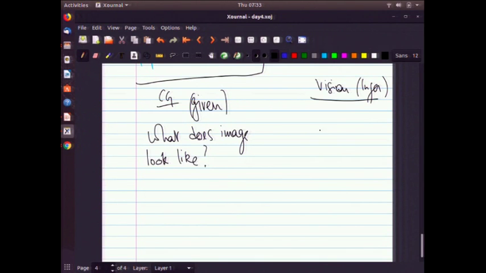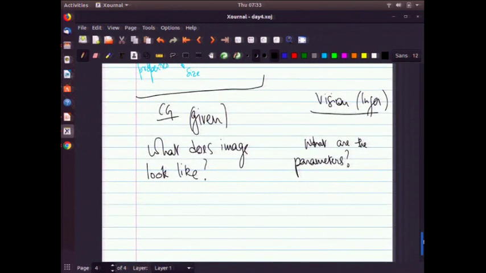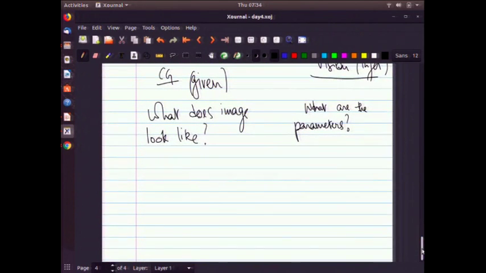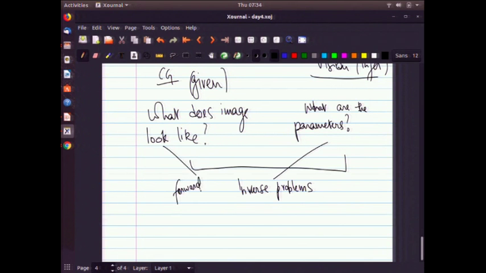In computer vision, you want to ask, what are the parameters? And as you can see, these two problems have something in common, and traditionally this has been called sort of the inverse problems. So computer vision is the inverse problem, and this is the forward problem. This goes from model to result.